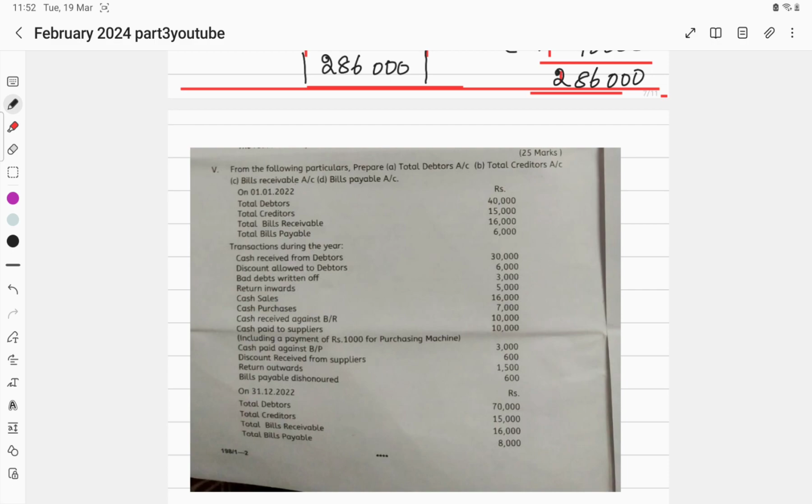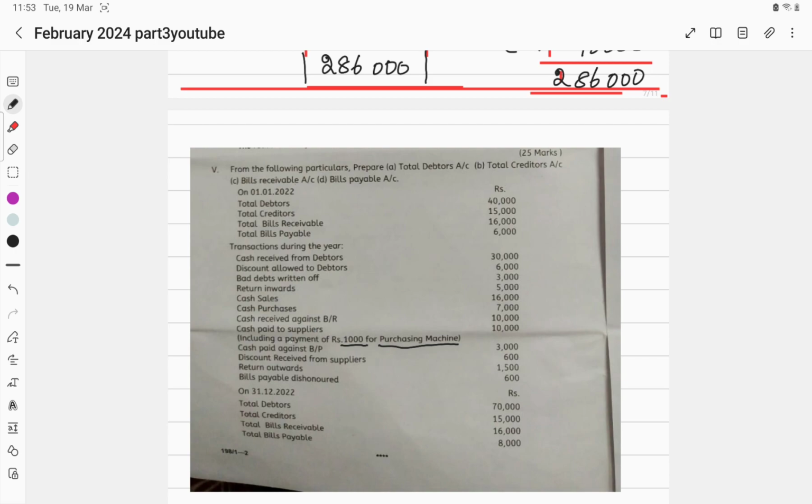Transactions during the year: cash received from debtors 30,000, discount allowed 6,000, bad debts written off 3,000, return inwards 5,000, cash sales 16,000, cash purchases 7,000, cash received against bills receivable 10,000, cash paid to supplier 10,000 including a payment of 1,000 for purchasing a machine.